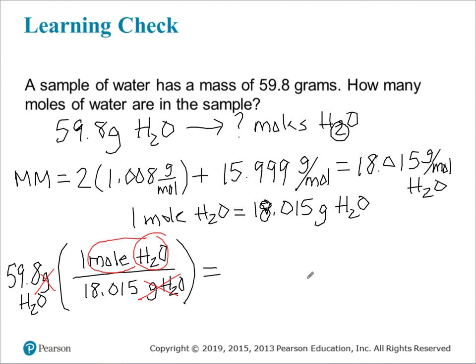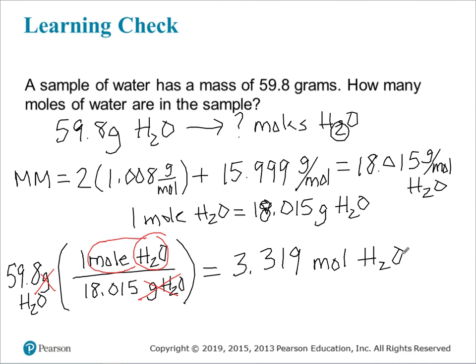But always make sure that you're doing division when you're converting the grams to moles. Otherwise, you will get a large number that is not the correct number. So you should get 3.319 with some other numbers coming after it, moles of water.